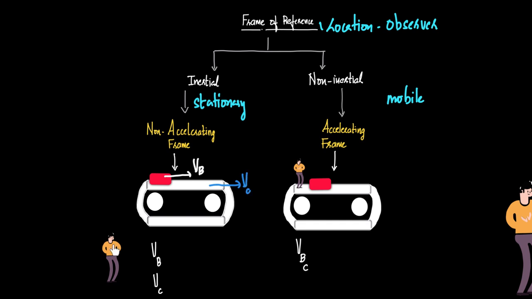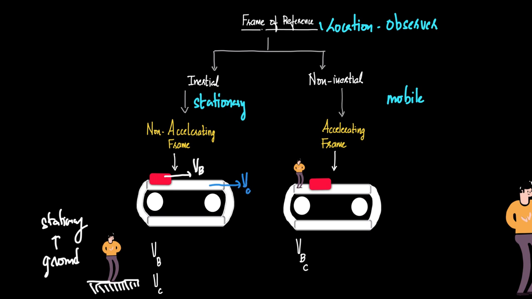So we can see, as a person standing outside, now where is he standing? That's also important. He is standing somewhere over here on the road, which is the ground, and the ground is stationary. So the person is observing the man or the object which is inside the bus, which is moving with some velocity VB, and the bus is also moving with some velocity VC.